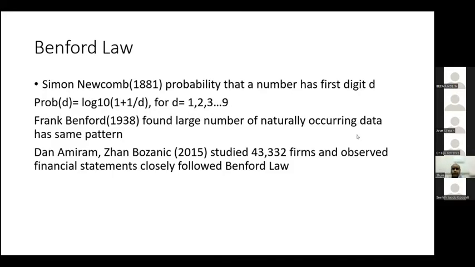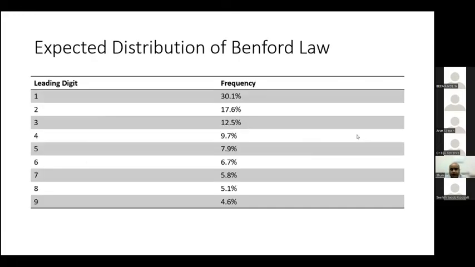So in order to do Benford's Law, Benford says this is how the expected distribution is. The chance that 1 will come at the leftmost side as the first digit is 30%.